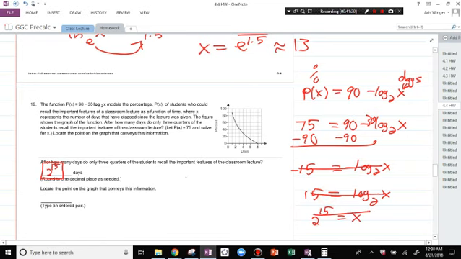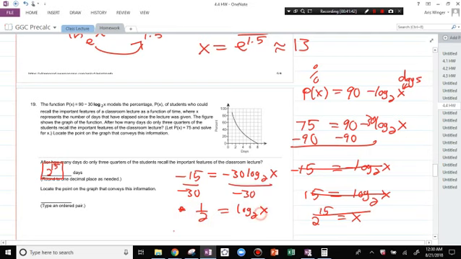So then it's minus 15 equals negative 30 log base 2 of x. Then you divide both sides by negative 30. So that's positive 1/2 equals log base 2 of x, and then you use the definition, 2 to the 1/2 power equals x.